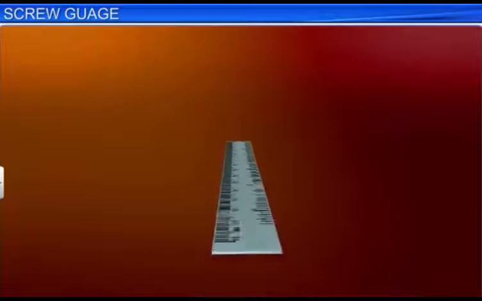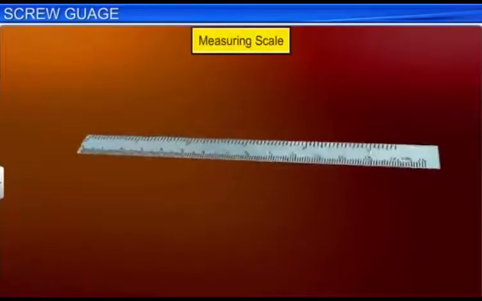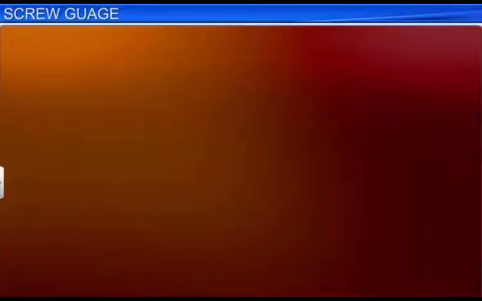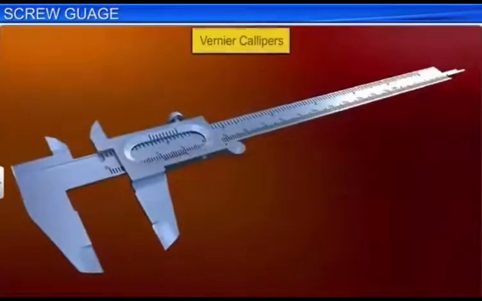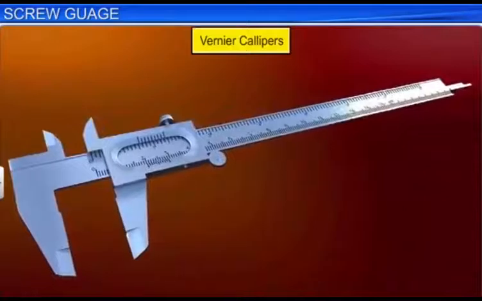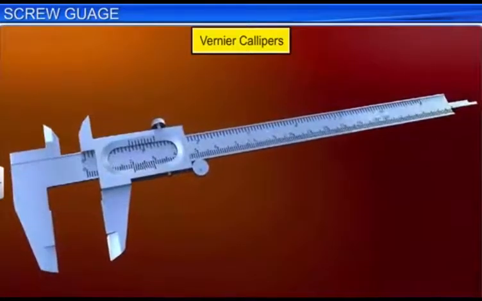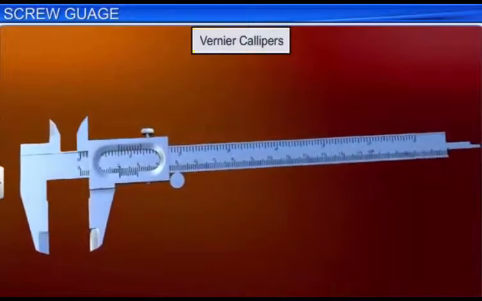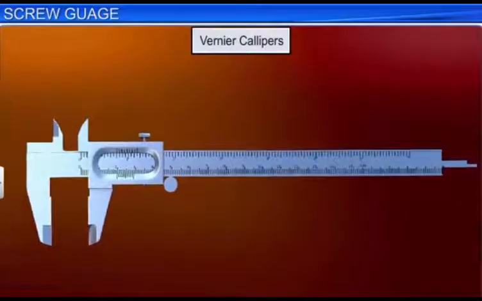You know that you can use an ordinary scale to measure up to 1 millimeter accurately. You also know that you can use the vernier calipers to measure up to 0.1 millimeter accurately. The least count of the vernier calipers is 0.1 millimeter.